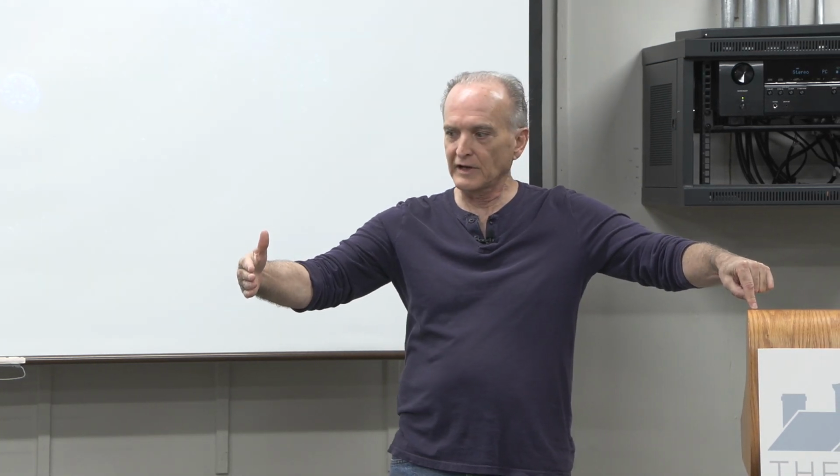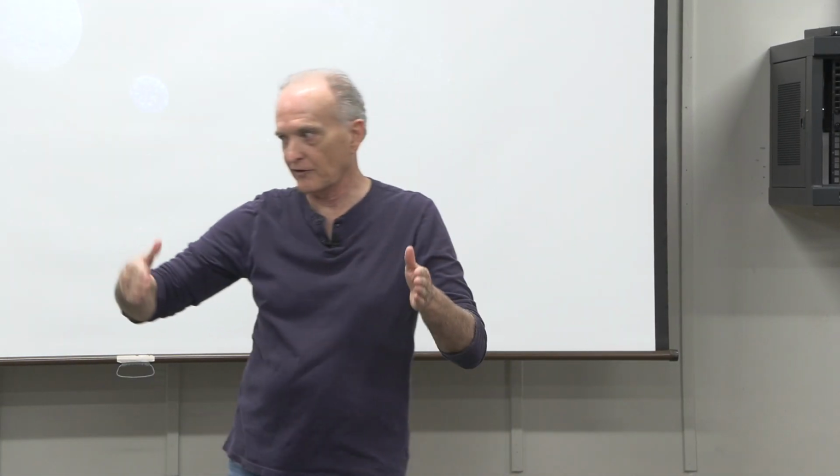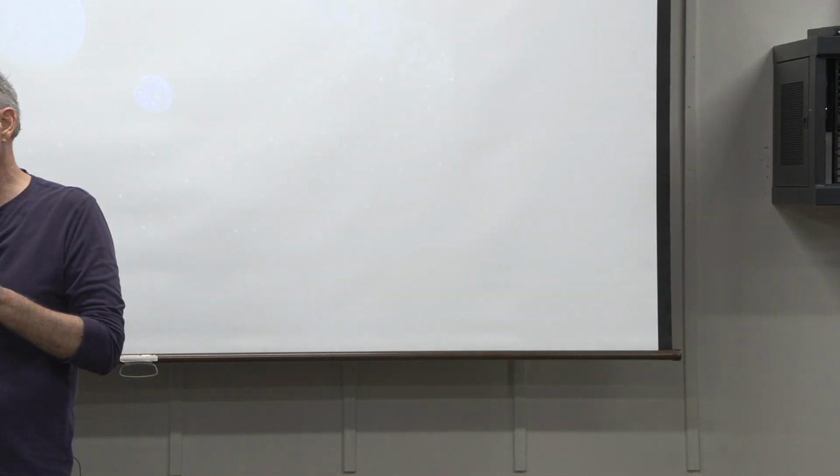Take another galaxy twice that distance, it's moving twice as fast, 84. A galaxy 3 times farther is moving 3 times faster. A galaxy 100 times further away is moving 100 times faster.